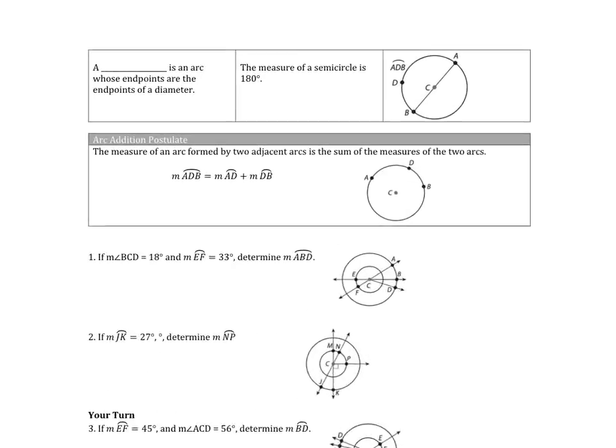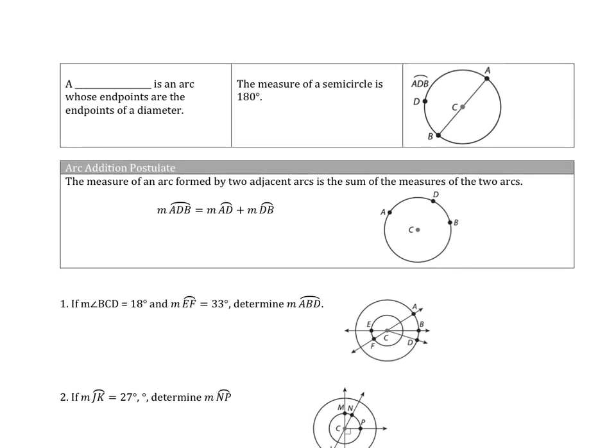Okay, continuing on, we also have what is called a semicircle. It is an arc whose endpoints are the endpoints of a diameter. So this one goes straight across there. So a semicircle measure is 180 because it's the diameter.